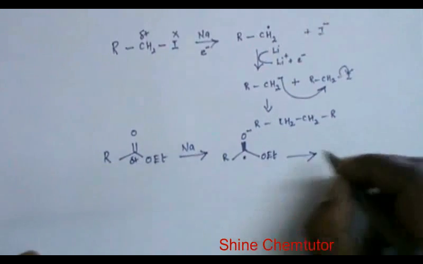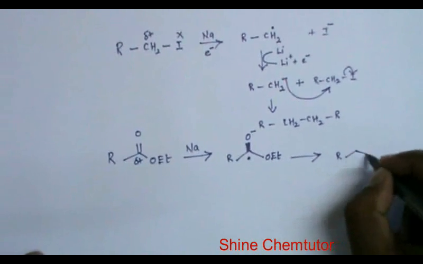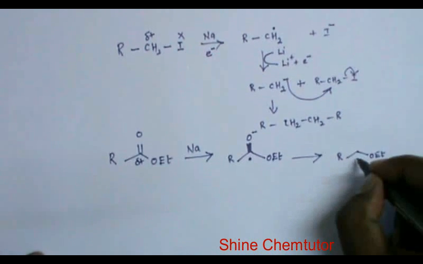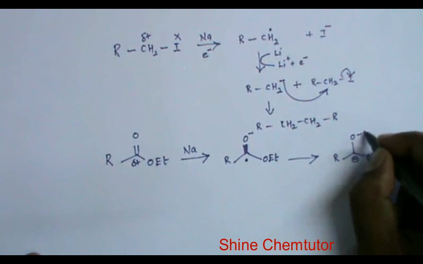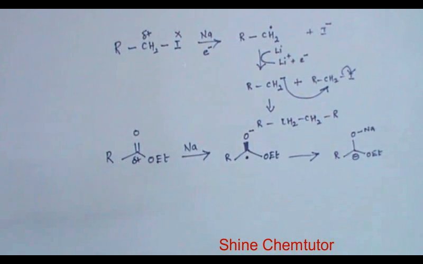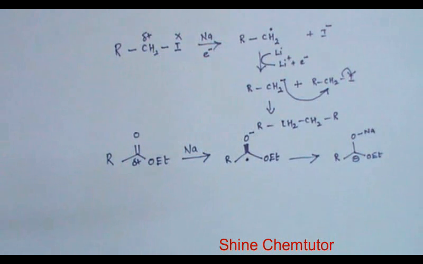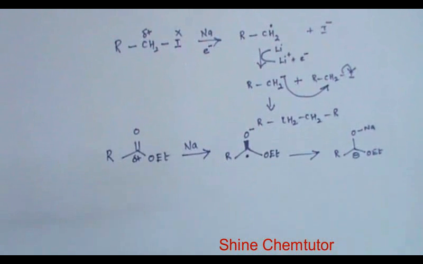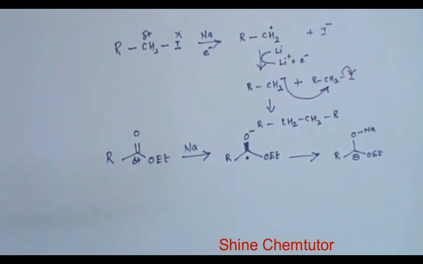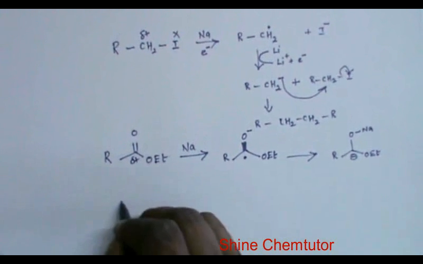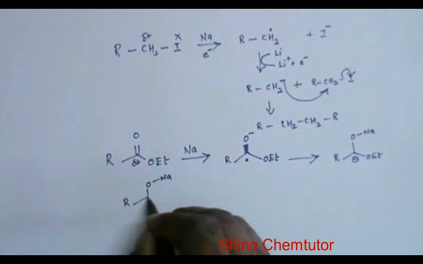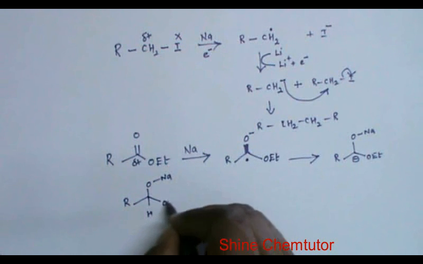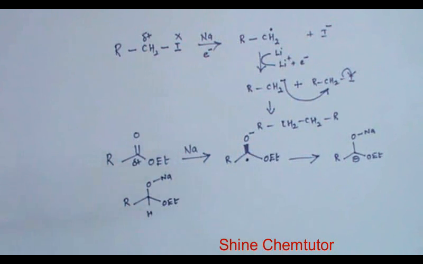Further, one more electron can be delivered. Because of that, we may get this one. Now this minus charge, carbanion, is a nucleophile. It can take a proton and we get hydrogen here.